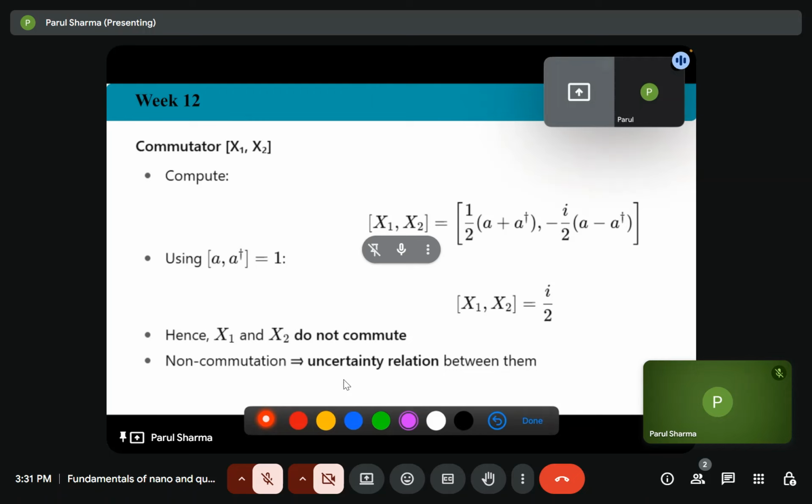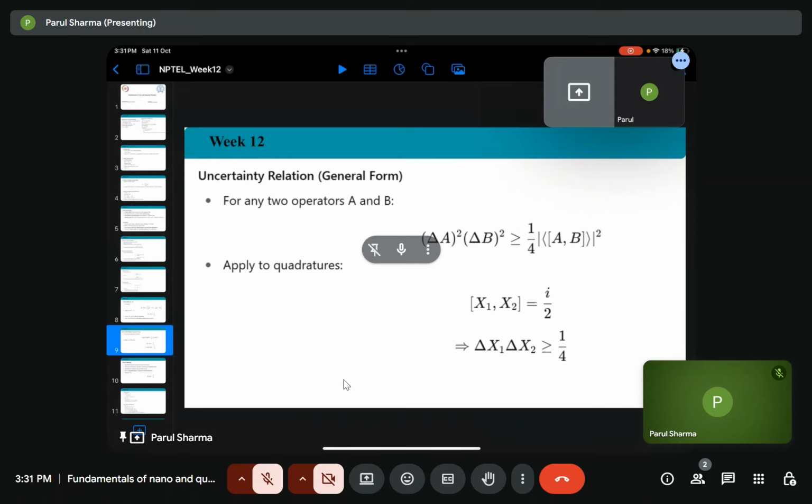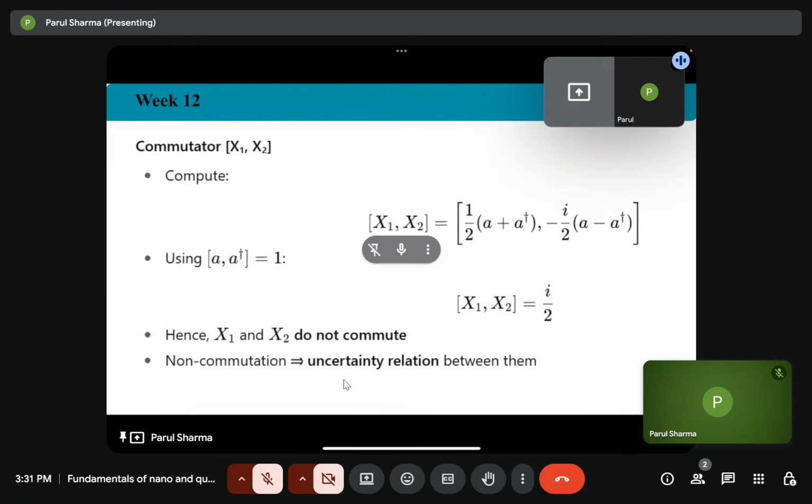we want to calculate the value of, sorry, we want to calculate the commutator x1 x2.